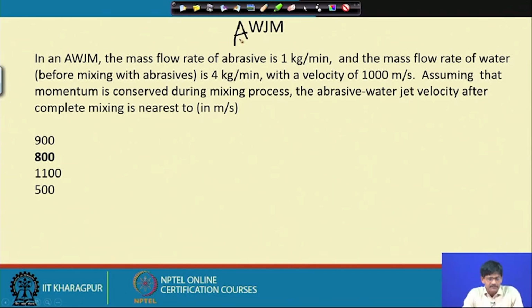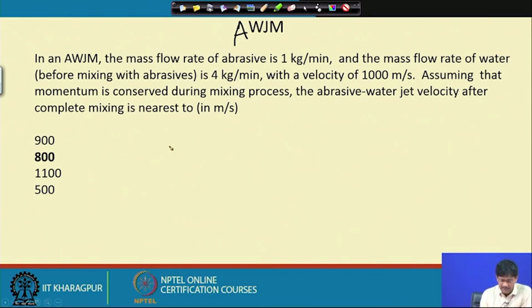In abrasive water jet machining, the mass flow rate of abrasive is 1 kg per minute, and the mass flow rate of water before mixing with abrasives is 4 kgs per minute with a velocity of 100 meters per second. Assuming that momentum is conserved during the mixing process, the abrasive water jet velocity after complete mixing is nearest to, in meters per second.